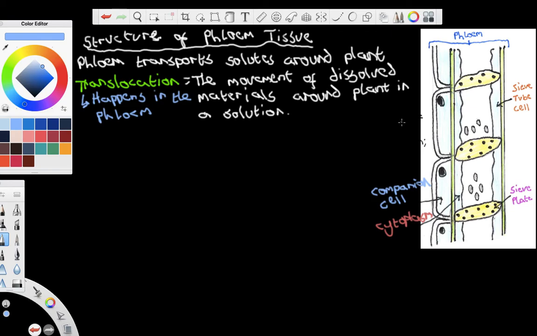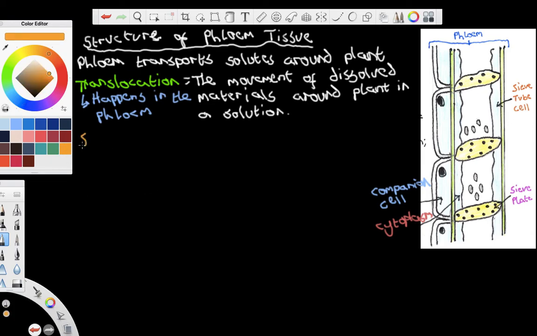So, sieve tube elements are living cells which are joined end on end to form a sieve tube. So these sieve tube cells are placed end on end to form a sieve tube.